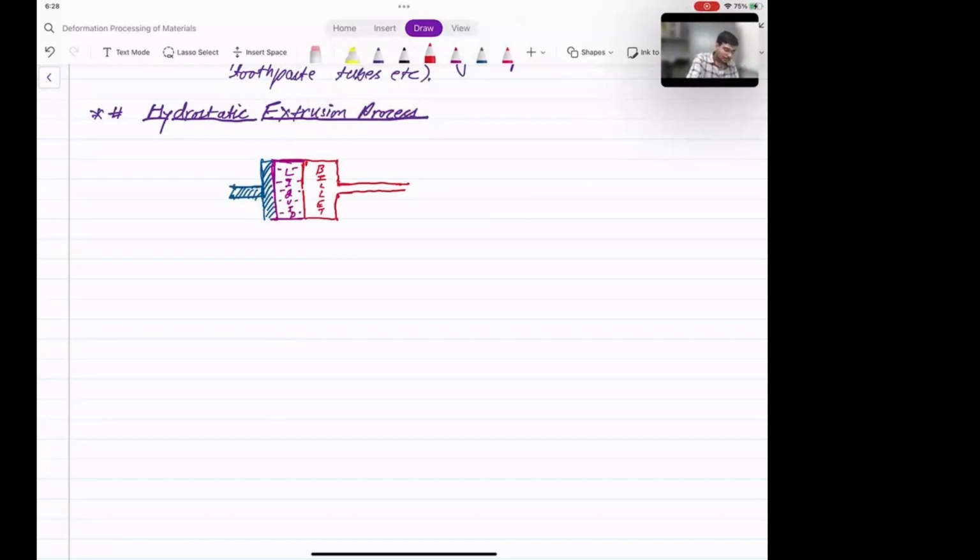This type of arrangement is known as hydrostatic extrusion. So this is the ram. This is the liquid.